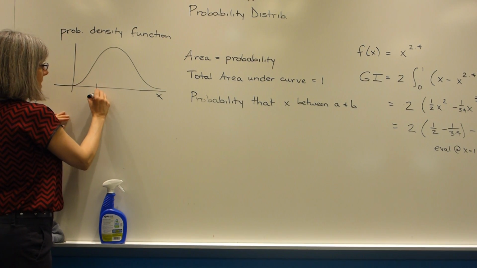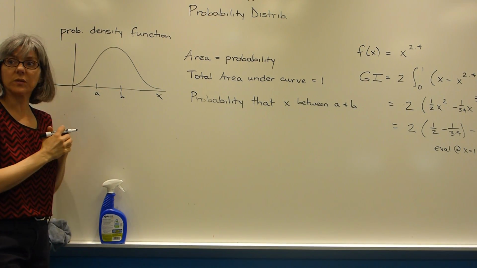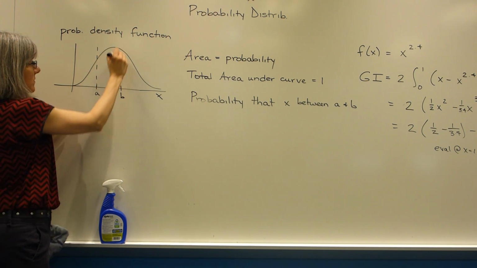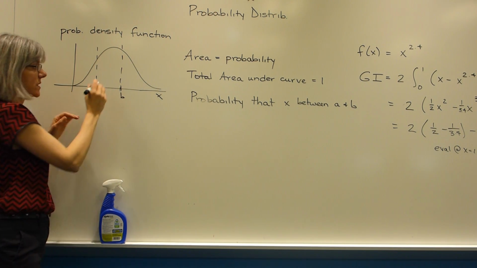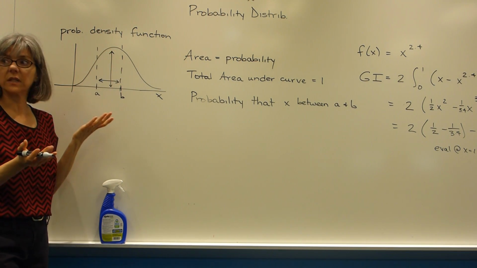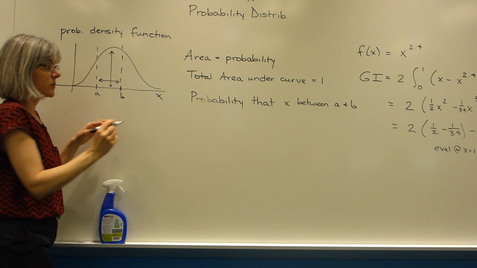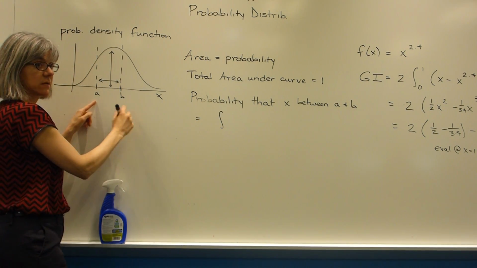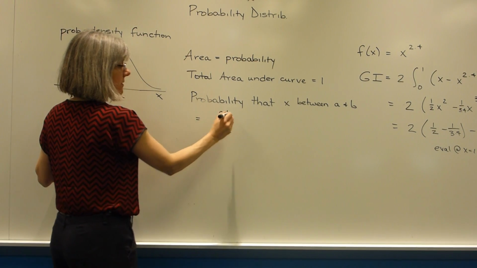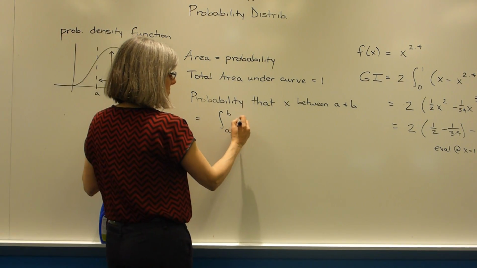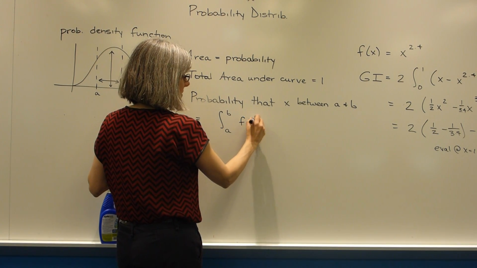So if I've got a here, b here, and I want to know what's the probability that x is between those two numbers, that means I want to go between these two numbers, area under the curve. That tells you where you need to be. So that means that this would be the integral from a to b, because that's how I'm adding up my area. And the area is going to be under this probability density function.